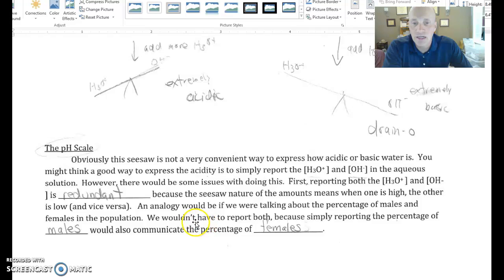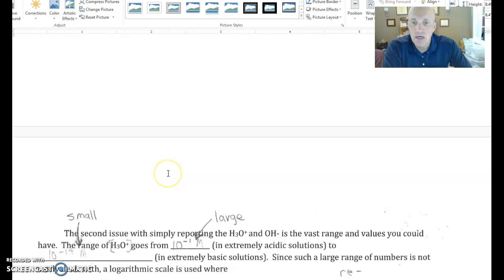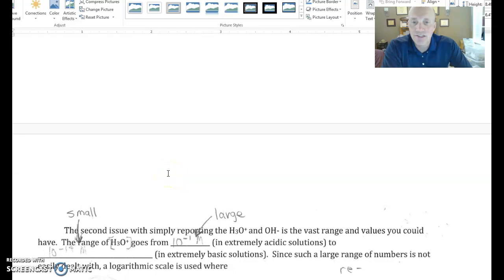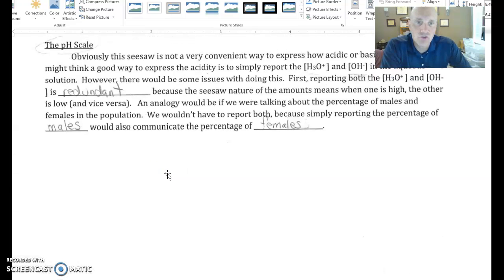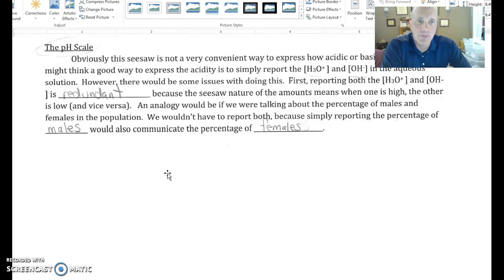As an analogy, if we wanted to talk about the relative percentage of men versus women, we wouldn't have to report both, because if we reported just one, that would also communicate the amount of the other.